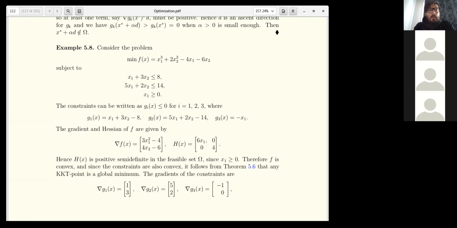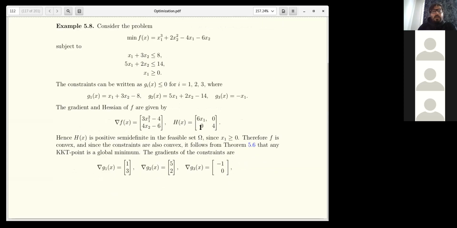And then you calculate the gradient and the Hessian. You notice that because x1 is greater than or equal to 0, this Hessian is positive semi-definite. This is important, and we know from theorem 5.1 that it's convex, because it's positive semi-definite in the region. We really only need to consider the feasible points.